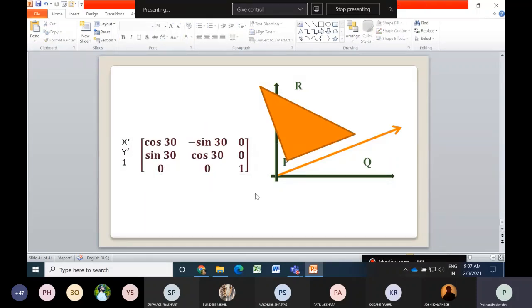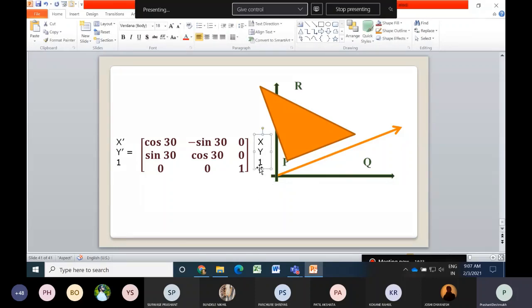Your coordinates, for example, can have three values like x, y, and 1.